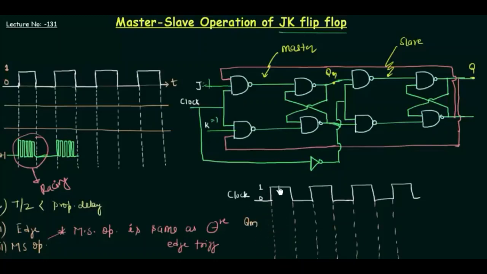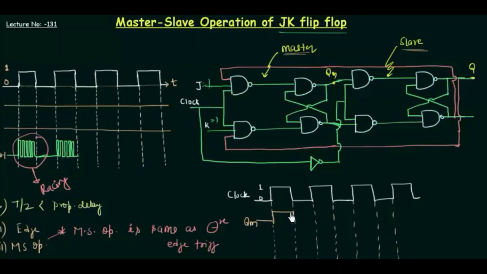When clock is high, it means the master is operational while the slave is not. So when the master is operational, and I assume that QM was low before the clock is high, as soon as the clock is high, the QM will become high also because it was low earlier. Okay, and for what time will it be high?